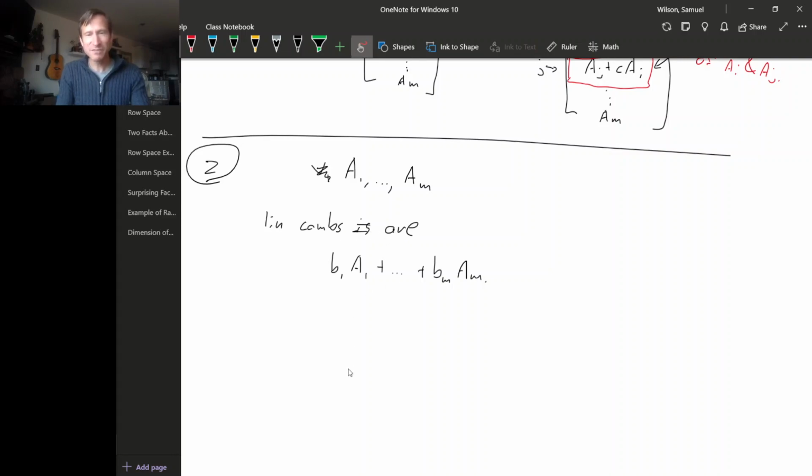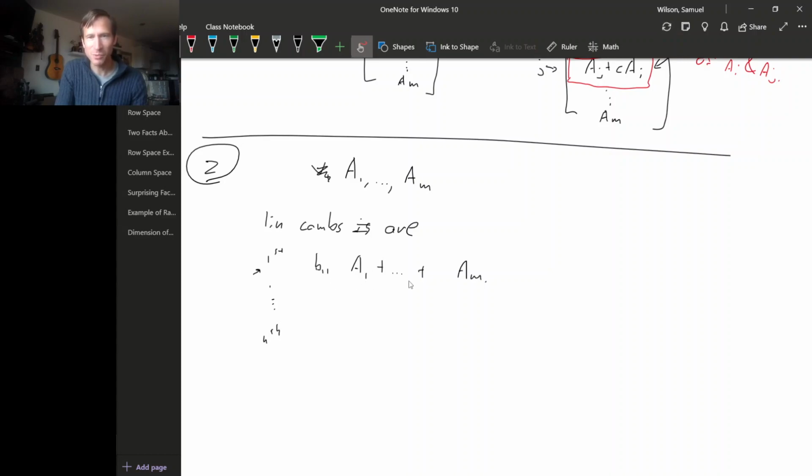Okay, now we're going to have several of these. So this is our first one, and we're going to have many of these, so maybe n of these down to the nth. And to denote which linear combination we're talking about, I'm actually going to add a subscript. So actually I need to change this a little bit. I'm still going to use b's for the coefficients, but which linear combination we're talking about will be my first subscript, and which vector this is the coefficient for will be my second subscript.